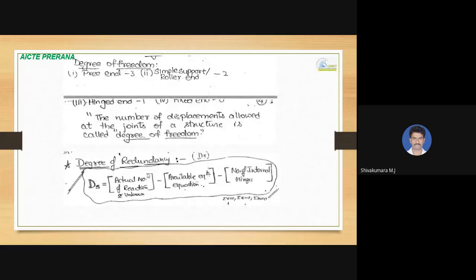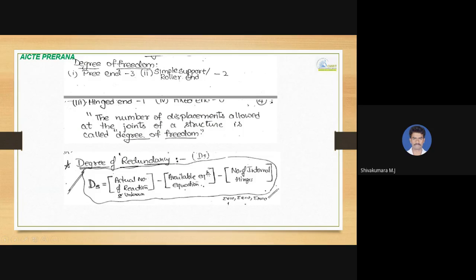Some examples: if you consider a free end, it is free to rotate and free to translate in two directions. So this free end has 3 degrees of freedom. For the analysis of this free end, 3 equations of equilibrium are required. So that is the degree of freedom, which is nothing but the degree of kinematic indeterminacy.